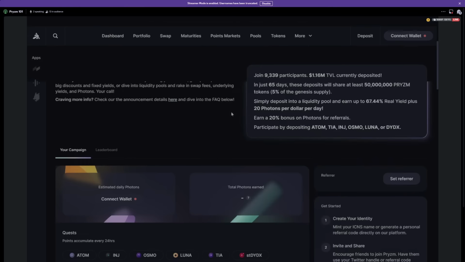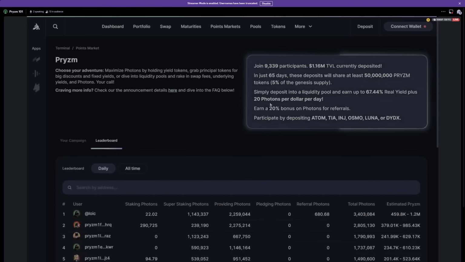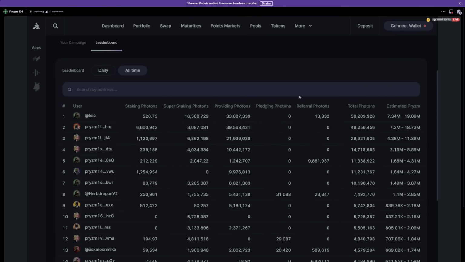And you can actually see on the leaderboard here, there is someone that has earned 9 million photons, nearly 10 million photons just by referring people. So they've got 10 million photons, a total amount of photons of 11.38 million, and they're going to earn 1.66 million Pryzm tokens as a result of mostly just referring people.